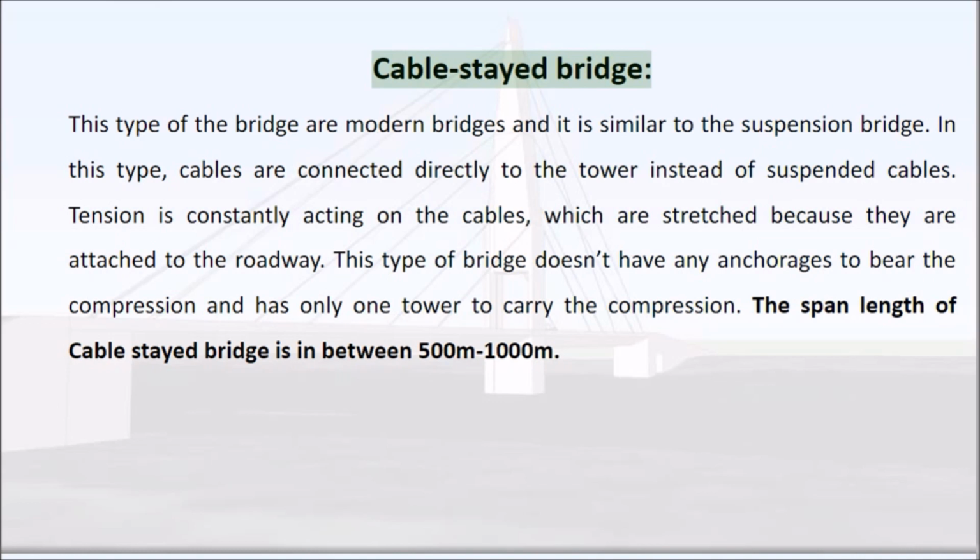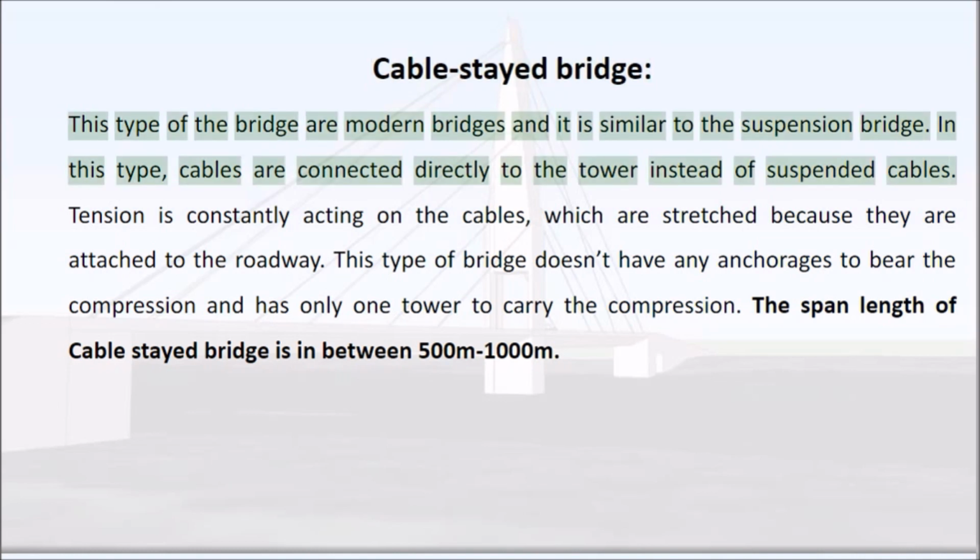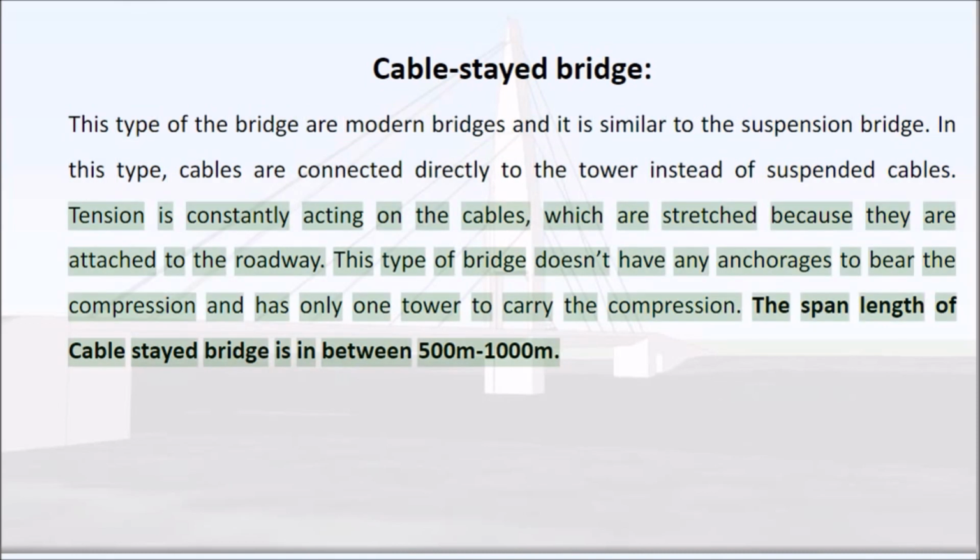Cable-stayed bridge. This type of bridge is a modern bridge, and it is similar to the suspension bridge. In this type, cables are connected directly to the tower instead of suspended cables. Tension is constantly acting on the cables, which are stretched because they are attached to the roadway.